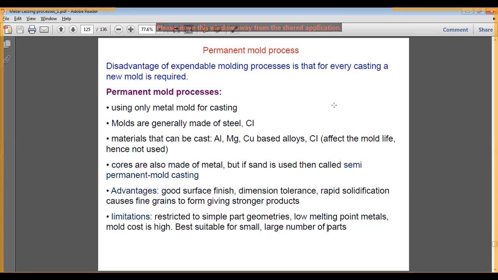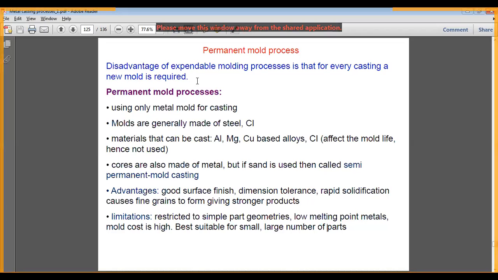What we need, first of all, we discuss the disadvantage of the expandable molding process, that for every casting a new mold is required. Because as we discussed earlier, we break the mold and take the piece out.